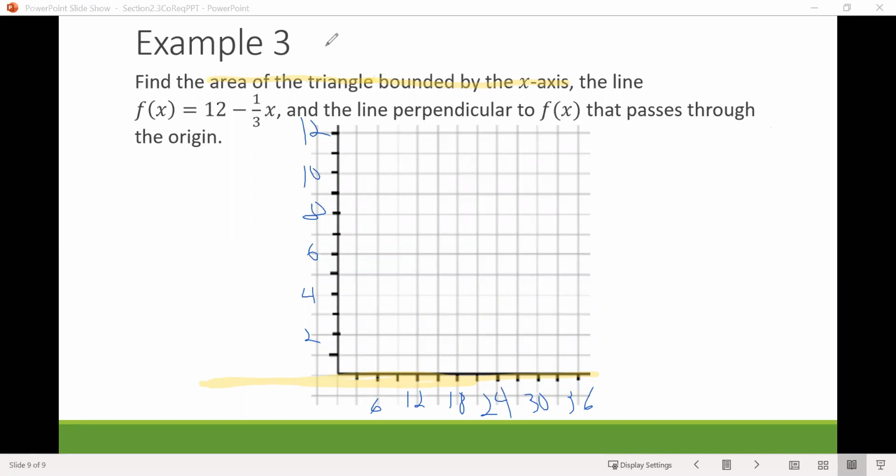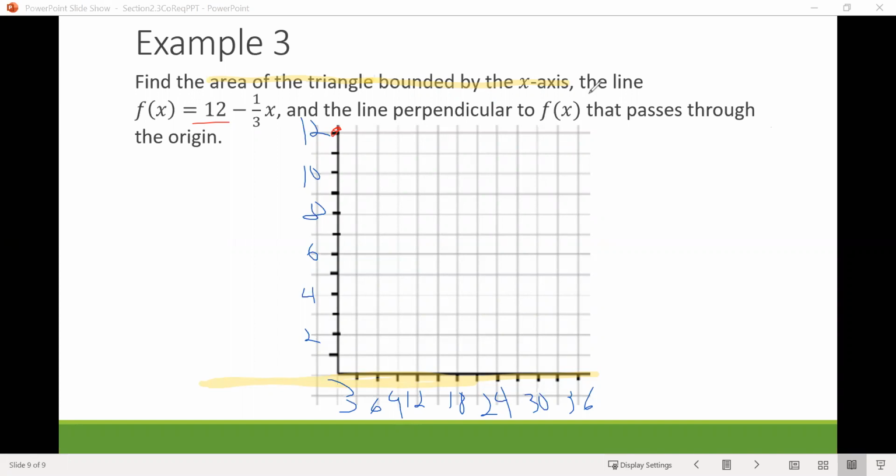All right, so I'm going to draw the line f of x equals 12 minus 1/3 x. I'll start by identifying my vertical intercept, which in this case is 12. My slope is negative 1/3, which means from there I can go down 1/3. But notice that the way I've counted along here, each box is actually going to be 3.